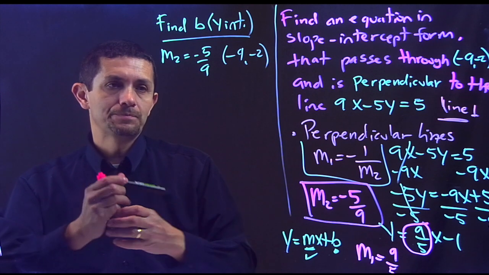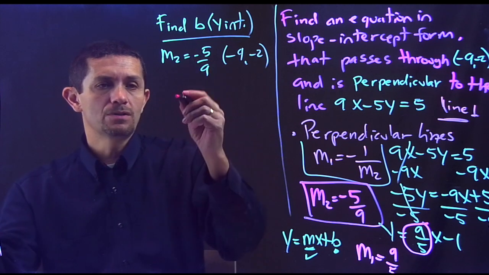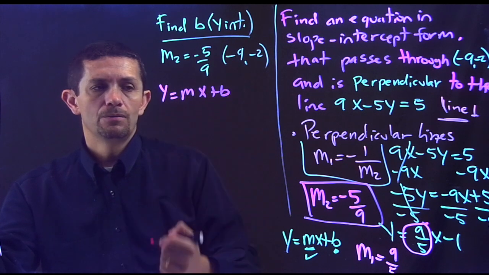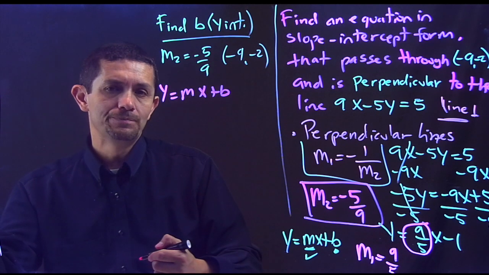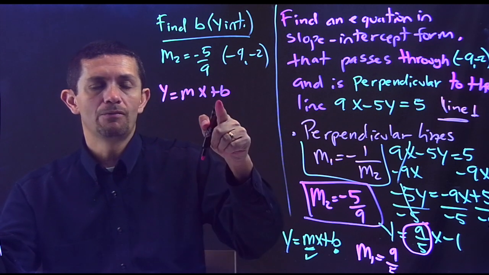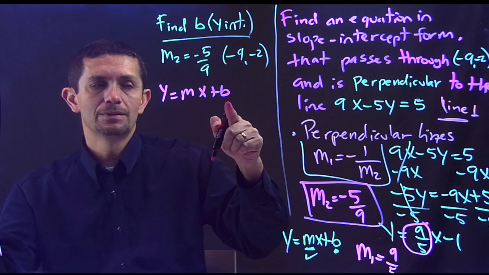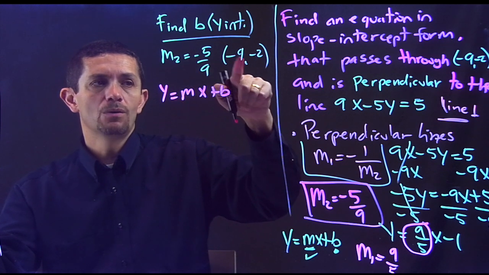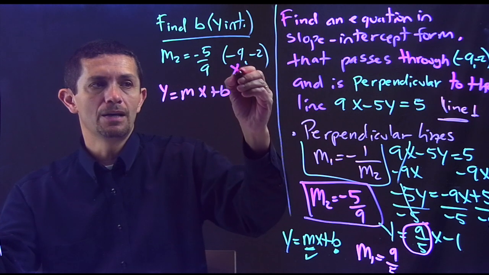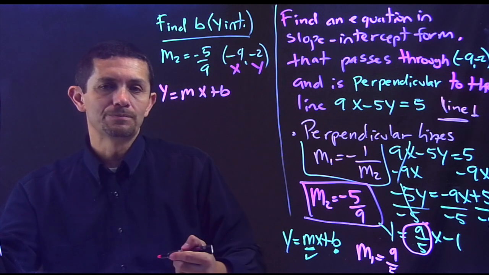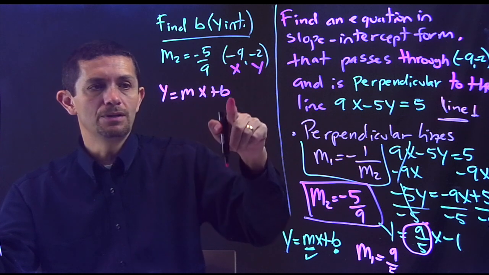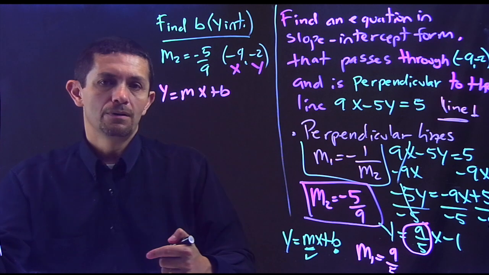Why is that? Because to find the y-intercept, I'm going to use the slope-intercept formula. I have y equals mx plus b. You see I have a b, that's the b I want to find. The slope was given, the ordered pair was given. The first value is the x, the second value is the y. I'm going to plug all that information into this equation.